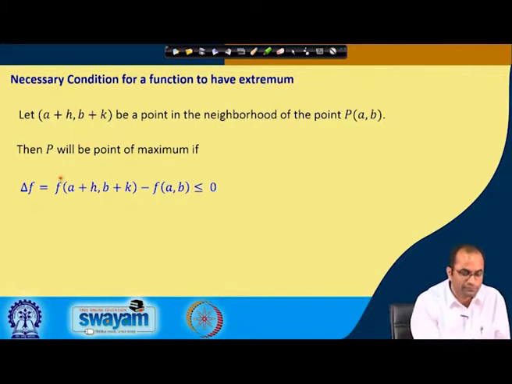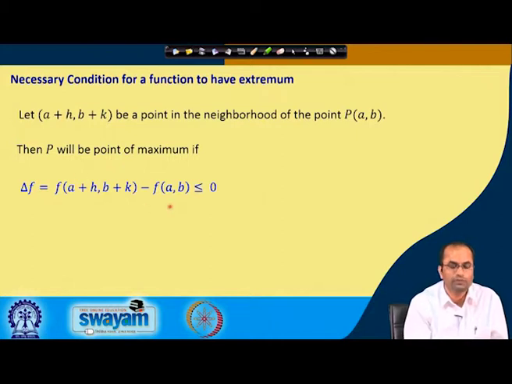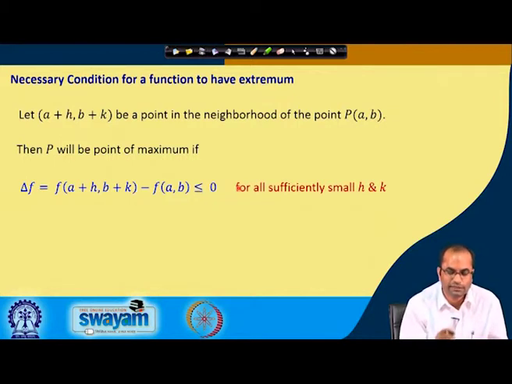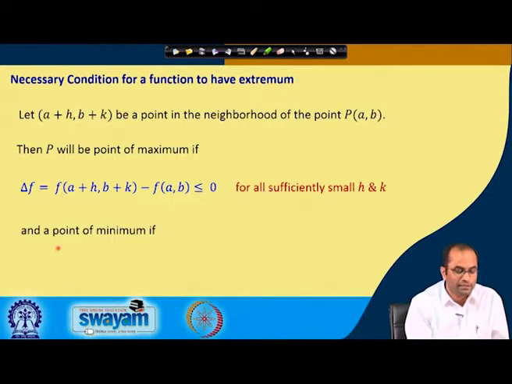So, this value will be less than or equal to 0 if this is a point of maximum, for all sufficiently small h and k. Whatever h and k we take in the neighborhood of the point (a, b), this value will be less than or equal to 0. In other words, there will definitely be a neighborhood of this point (a, b) where delta f will be less than or equal to 0 for all values of h and k.